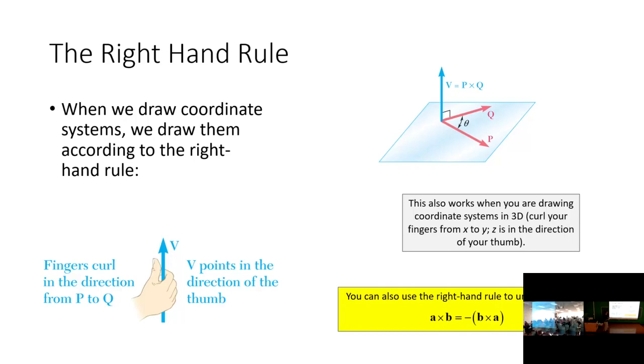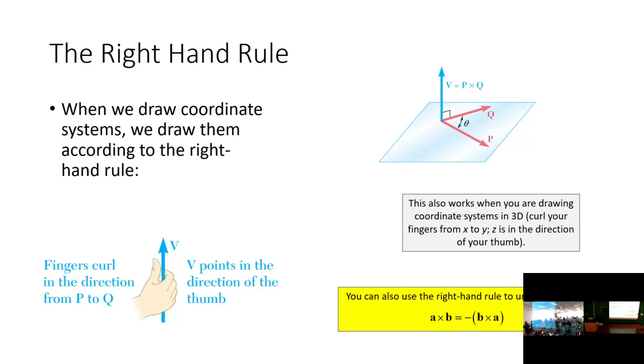This is shorthand for the mathematical convention that we use to define positive directions in 3D. Let's say I have vector A and vector B. The reason that we call it the right-hand rule is we take our right hand open and point it towards the first vector, and then we curl our fingers towards the second vector.